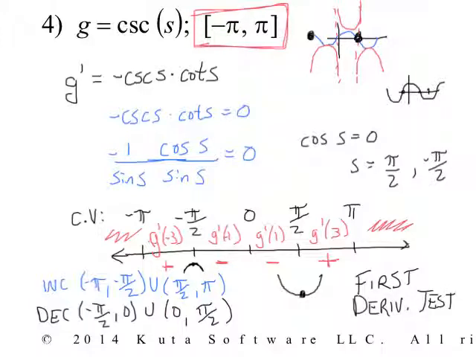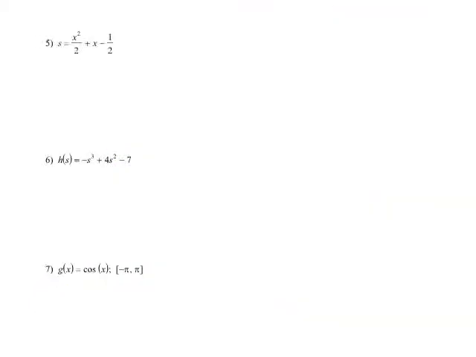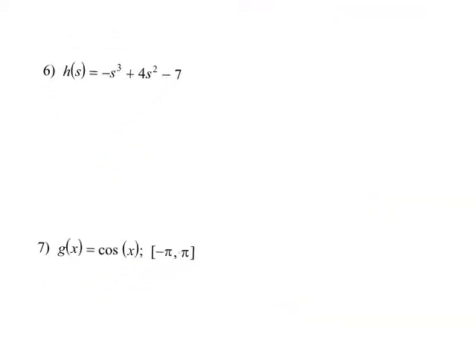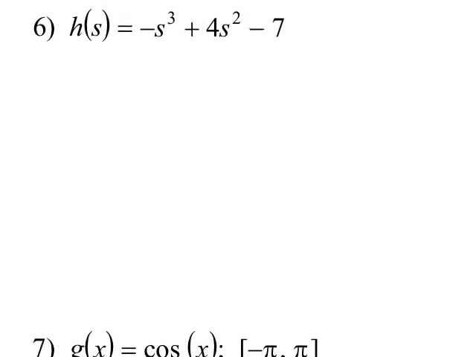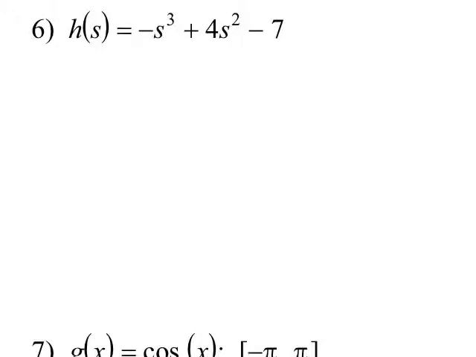Okay, let's move on to problem number 6. Problem number 6 is nice. It's another polynomial, so we know polynomials are continuous everywhere, so we can just move right into finding our critical points. H prime of s is negative 3s squared plus 8s, and we want to set that equal to 0.